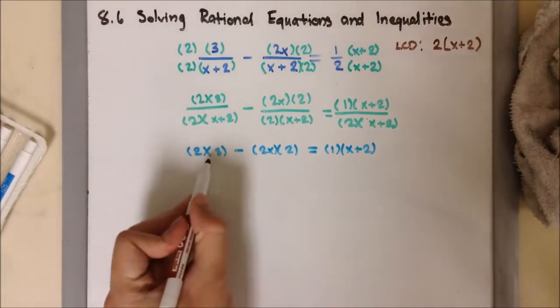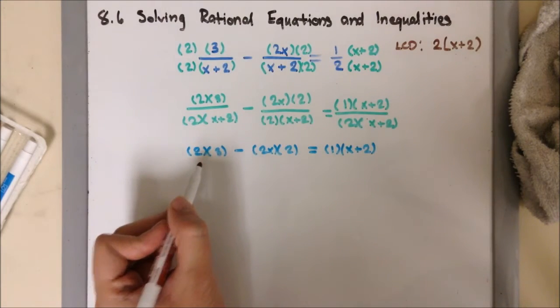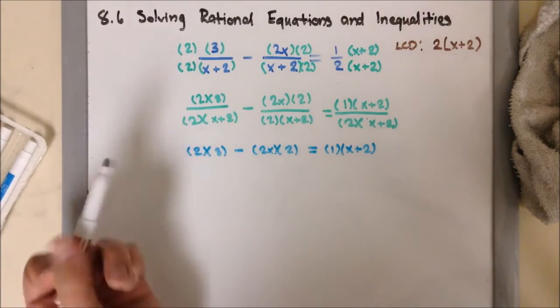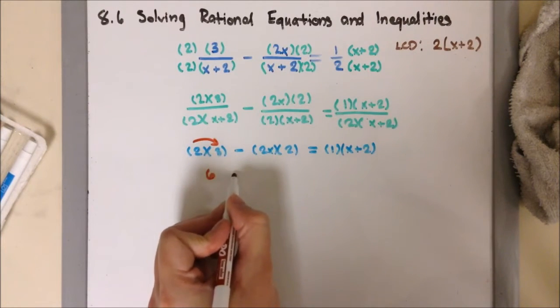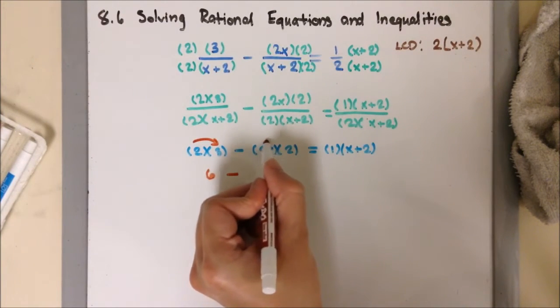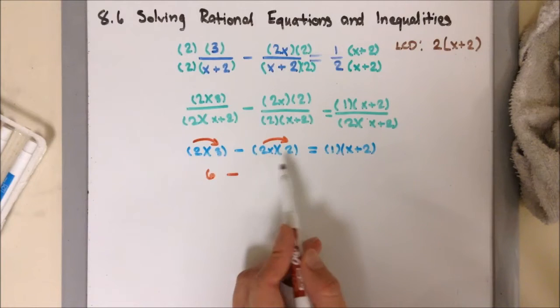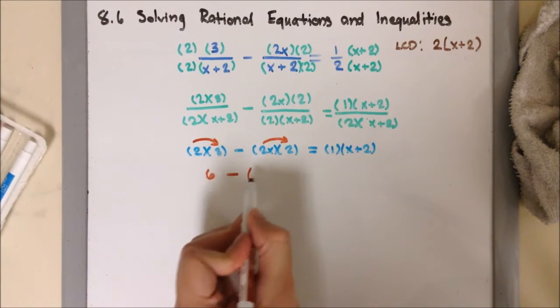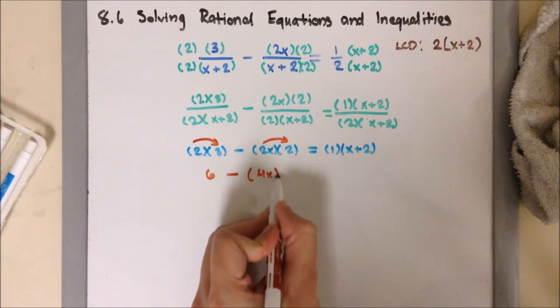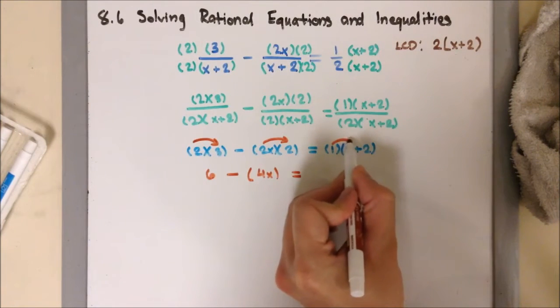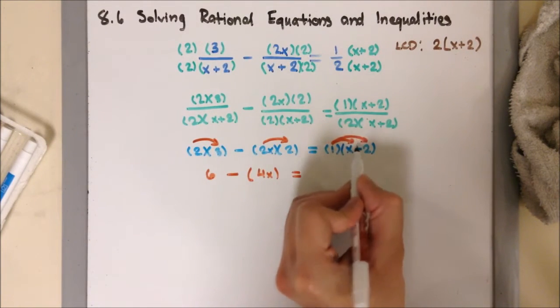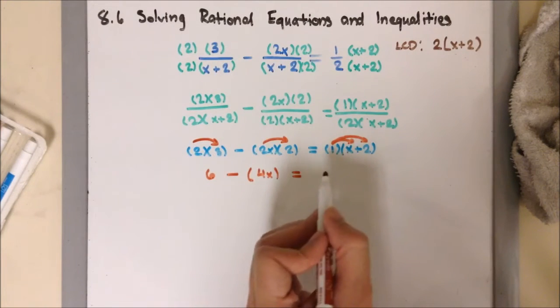So in this part on the very left, it's 2 times 3. So that is going to be 6. Bring down my minus. Here, it's going to be 2x times 2, which is 4x, equals.